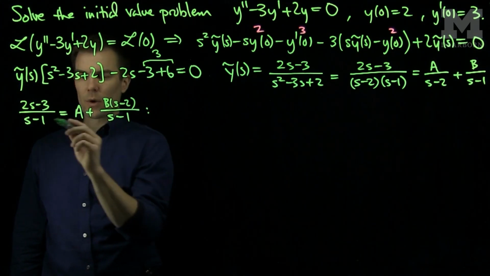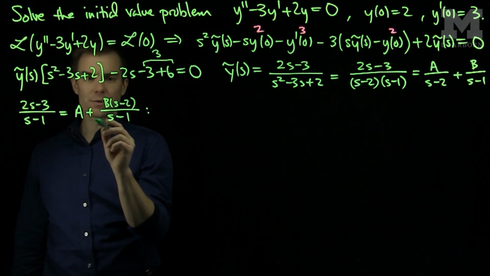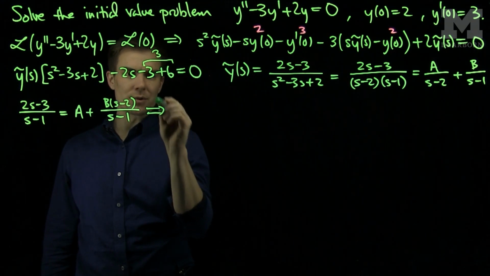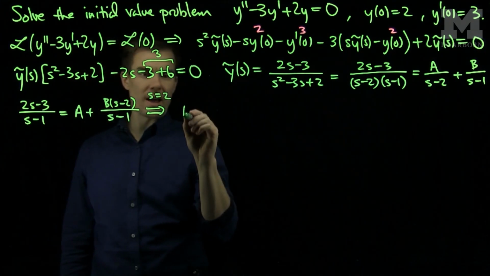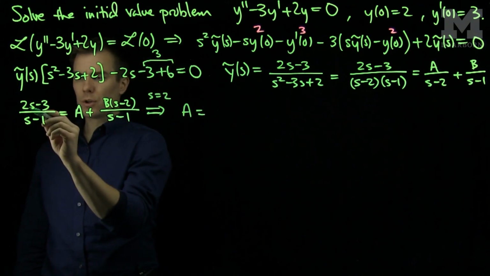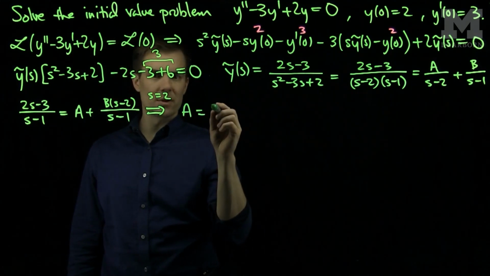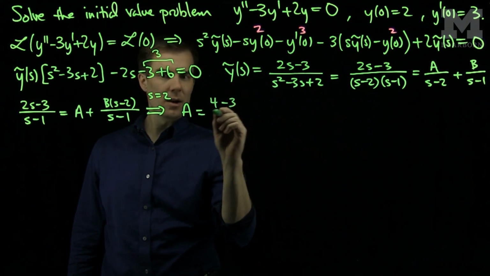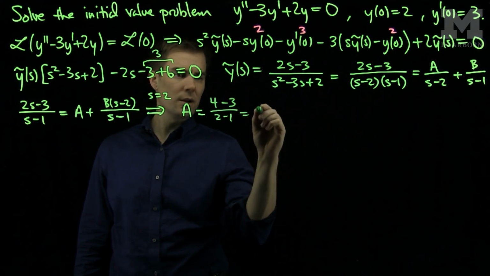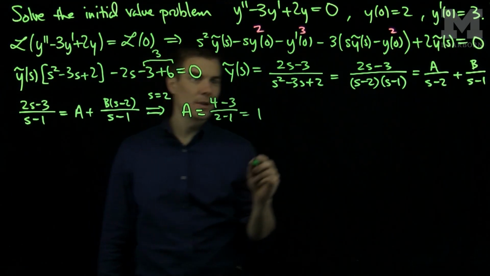And now into this equation, I can plug in s equals 2. And if we plug in s equals 2, this term with the b will cancel out. So I'll have that a is equal to 2 times 2 minus 3, which is 4 minus 3, over 2 minus 1. So a is equal to 1.